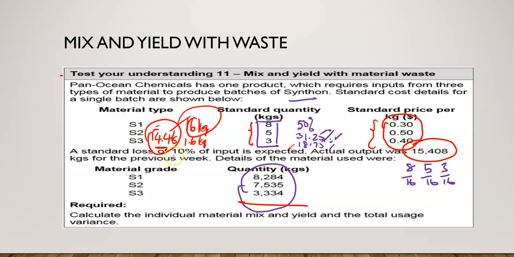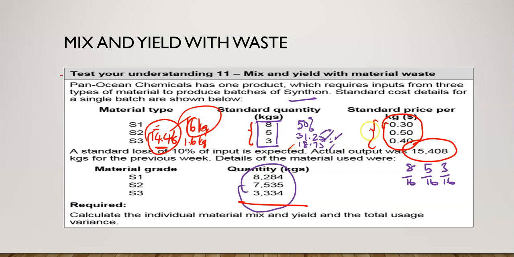Just think process costing. 16 goes in. Imagine this is stock. You've invested this kind of money in making this product. So you have 14.4. You're going to spread this cost over the 14.4 anyway. So let's just look at the standard cost of 16 kilograms, although it's really 14.4 kilograms.